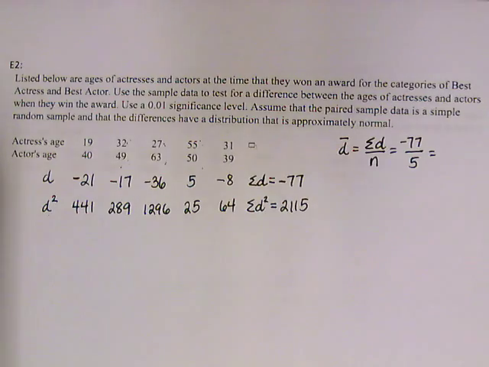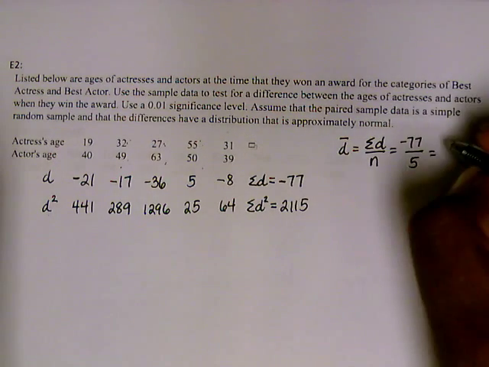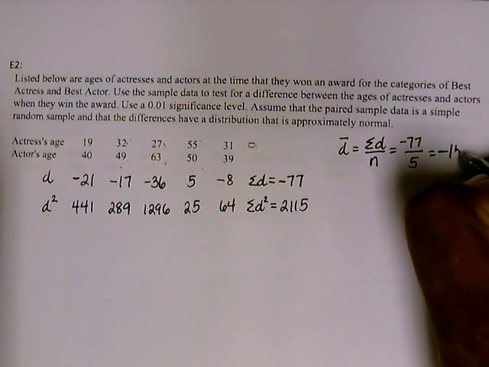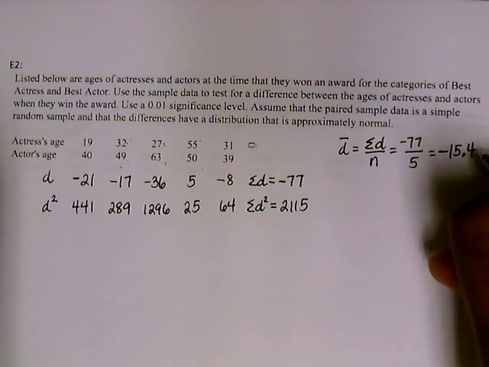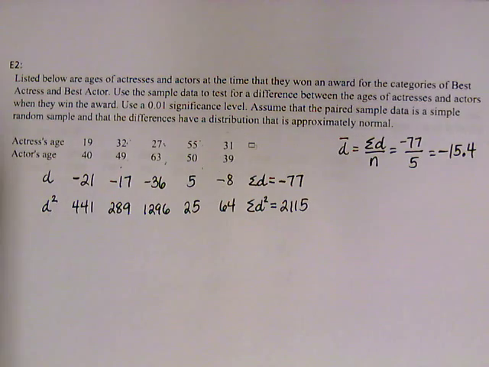So that's negative 77 divided by 5, which would be a negative 15.4. So the mean of your differences for that sample will be negative 15.4.